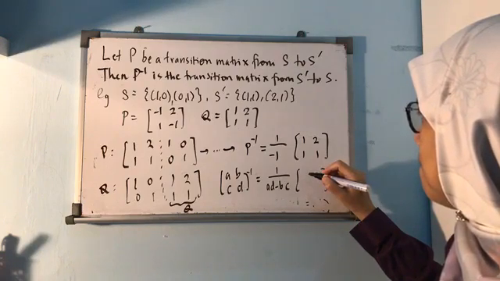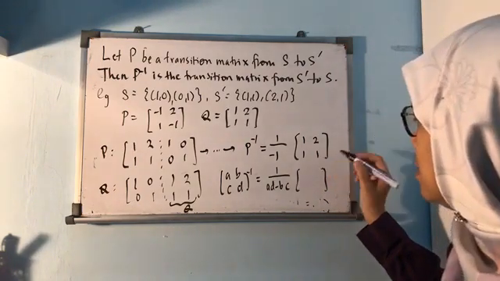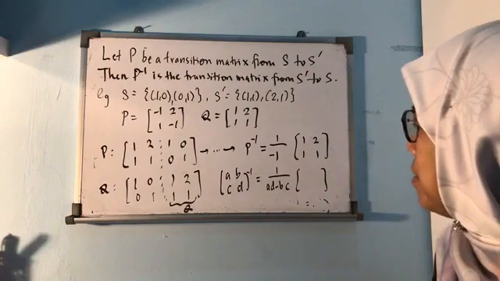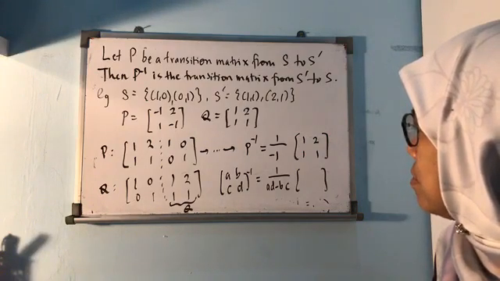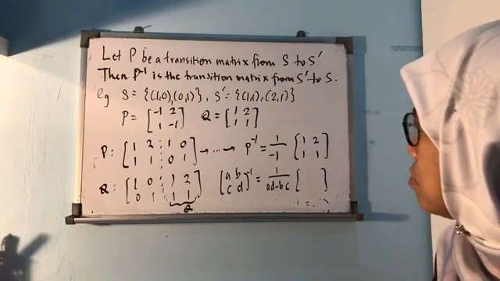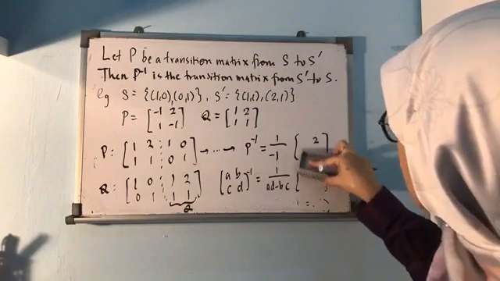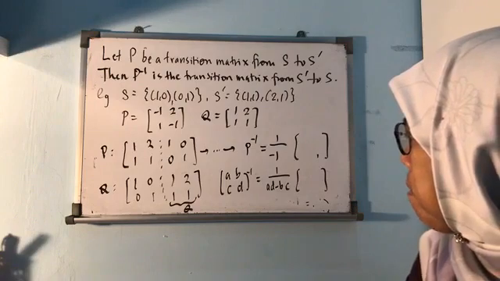What's the formula here? Do you remember? Which one do you put negative?